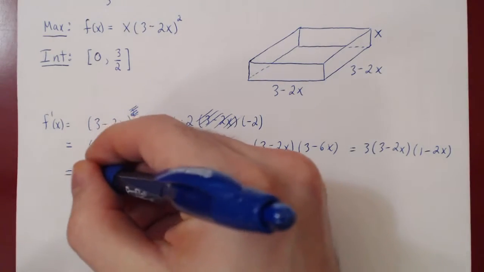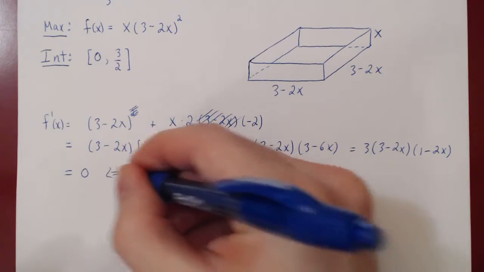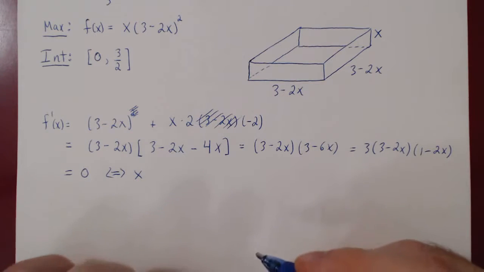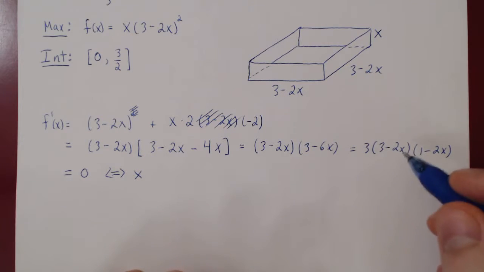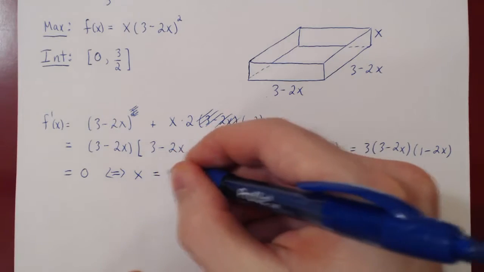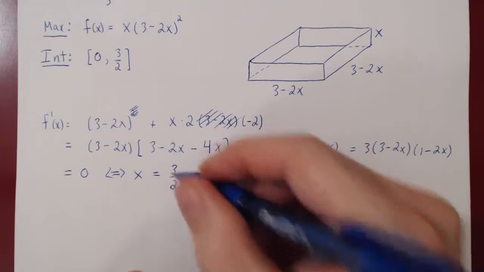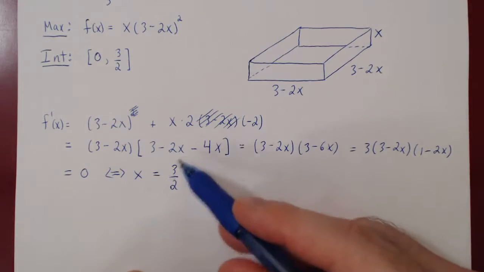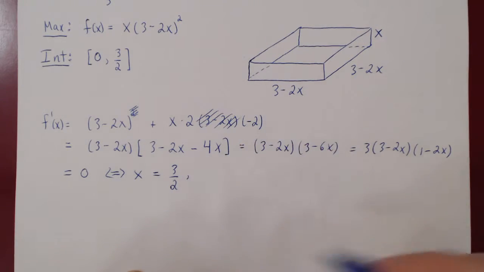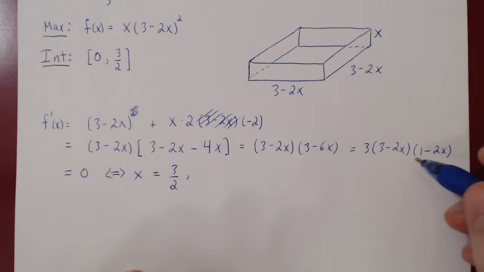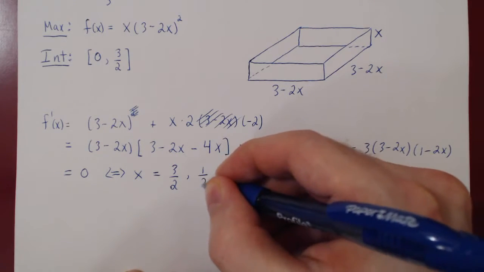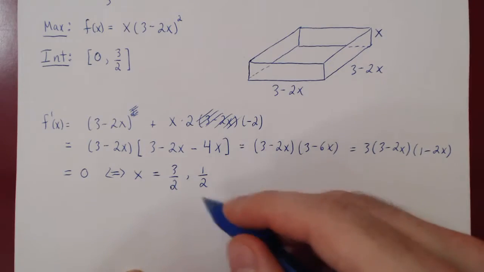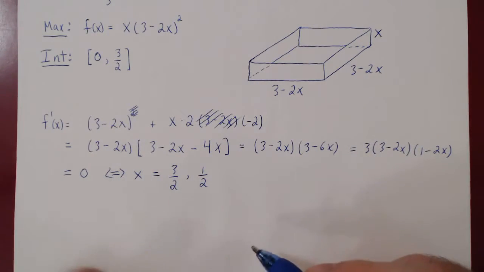And so this will be equal to 0 if and only if one of the factors is equal to 0. So if 3 minus 2x is 0, 3 equals 2x, therefore x is equal to 3/2. And we already had 3/2 as the right endpoint of our interval, nothing new here. But if 1 minus 2x is 0, 1 equals 2x, x is equal to 1/2, which is a second critical point which happens to be inside of the interval.